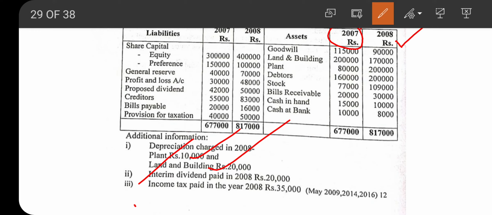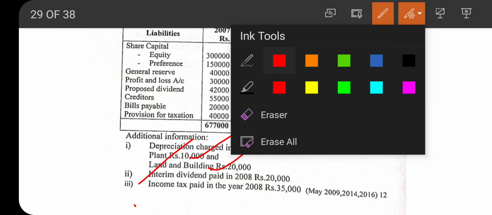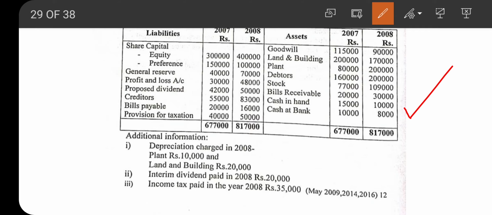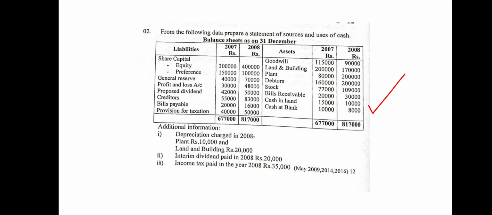At the end means we need to consider the year 2008. Cash in hand and cash at bank, these are the items. These are the closing balance.